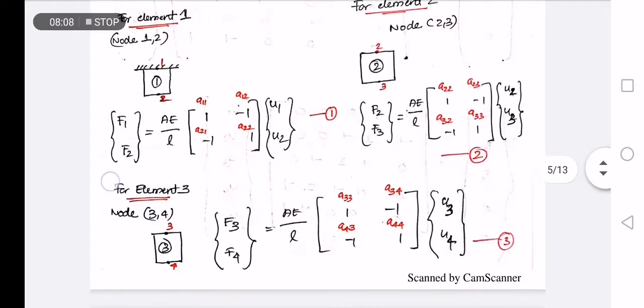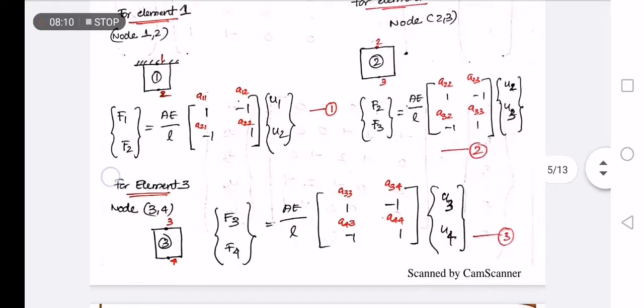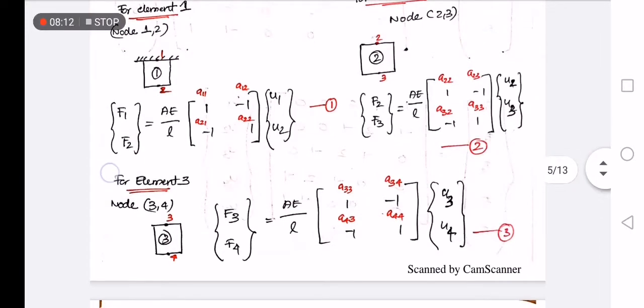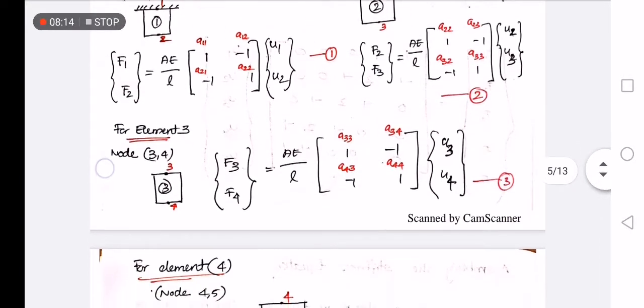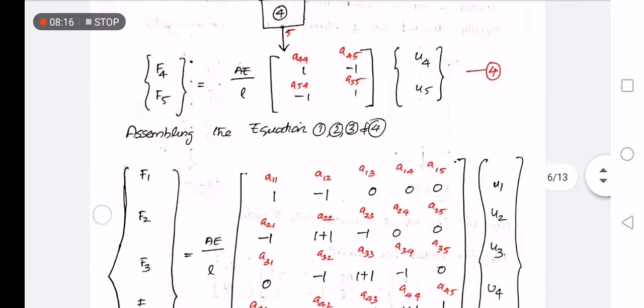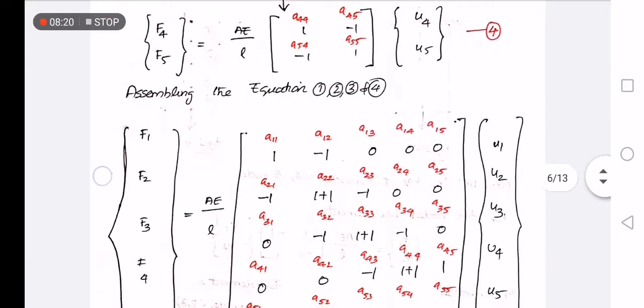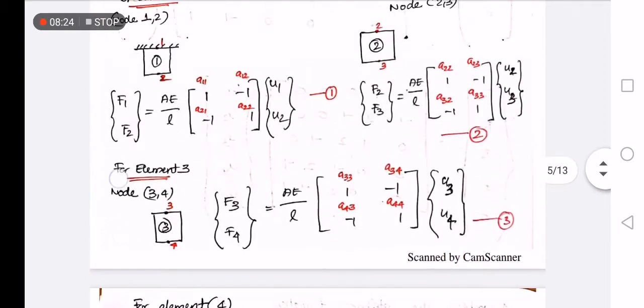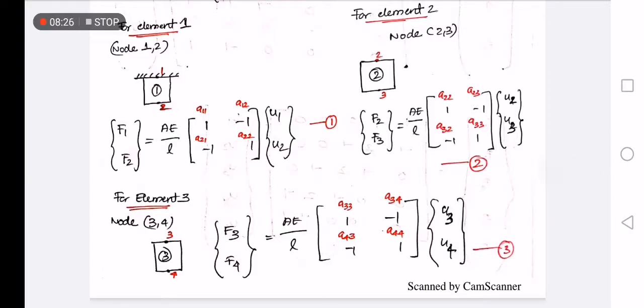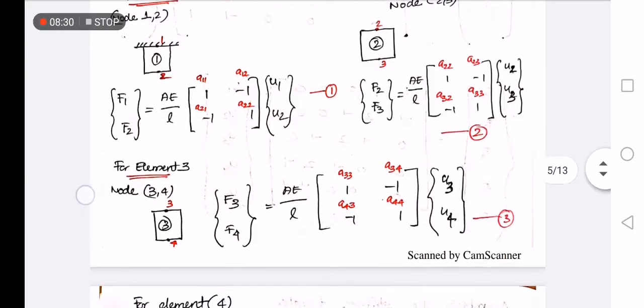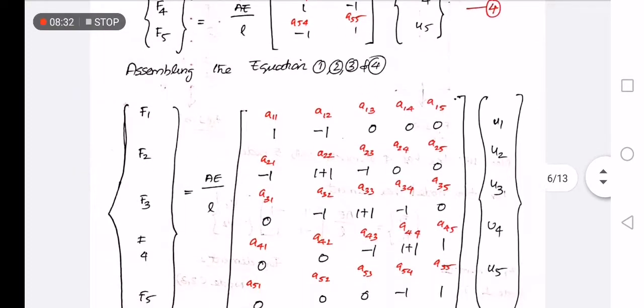Element 2 is written as A22, A23, A32 and A33. Now we will combine this. While combining, A11, A12, A21, A22, then for A22 we have 1 plus 1, isn't it? This 1 plus 1 comes from, 1 is from element 1, A22, and 1 is from element 2, A22. So like that we will compile.